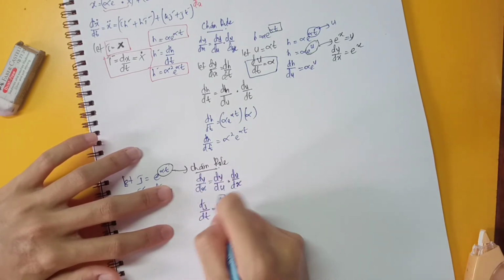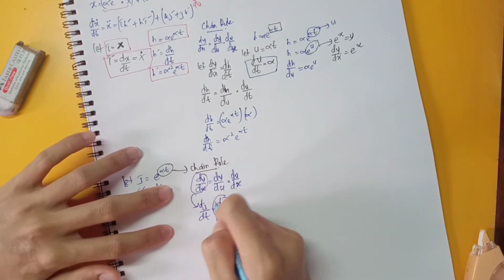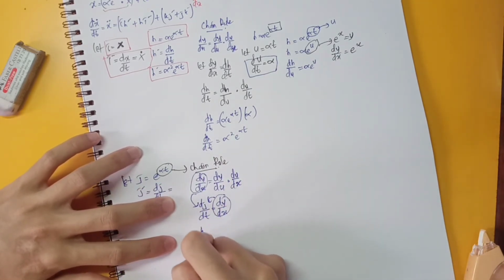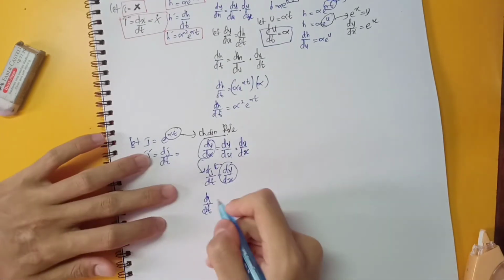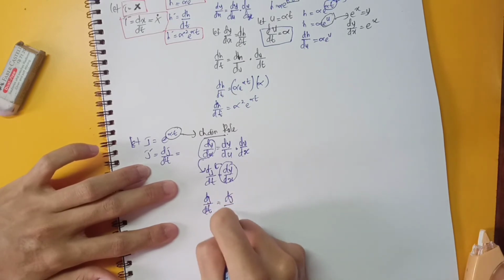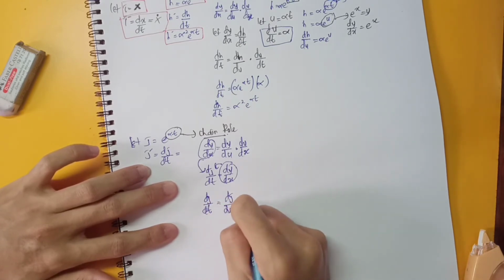We want to resemble this as this. So we find that dj over dt is equal to dj over du times du over dt.